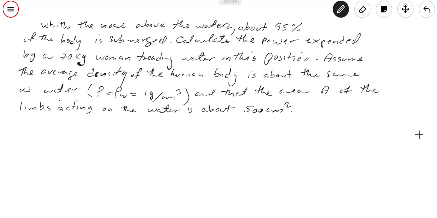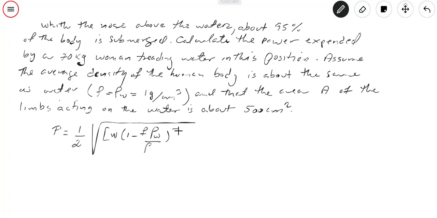So when we want to find the power that is expended into the water by a person just to stay afloat, the formula is 1 over 2 times the square root of the weight of the person times 1 minus F, the fraction of the body under the water, times the density of the water over the density of the body, all to the power of 3, over the area of the limbs times the density of the water.